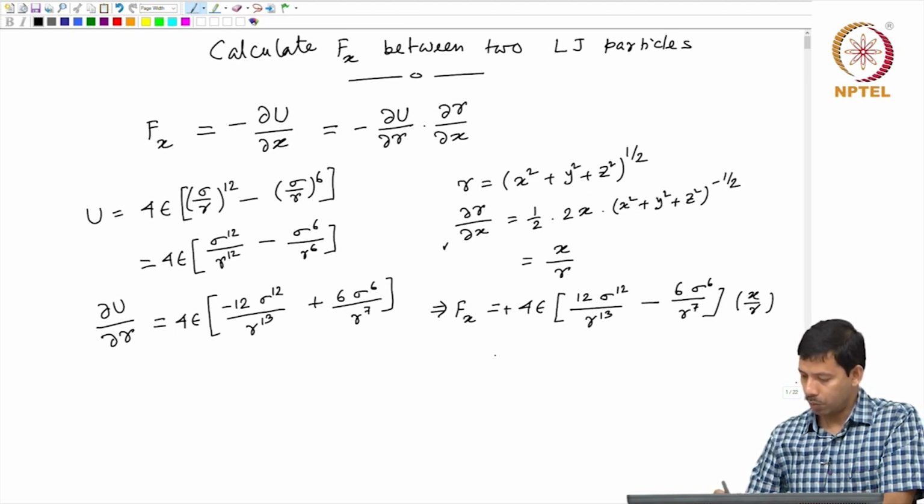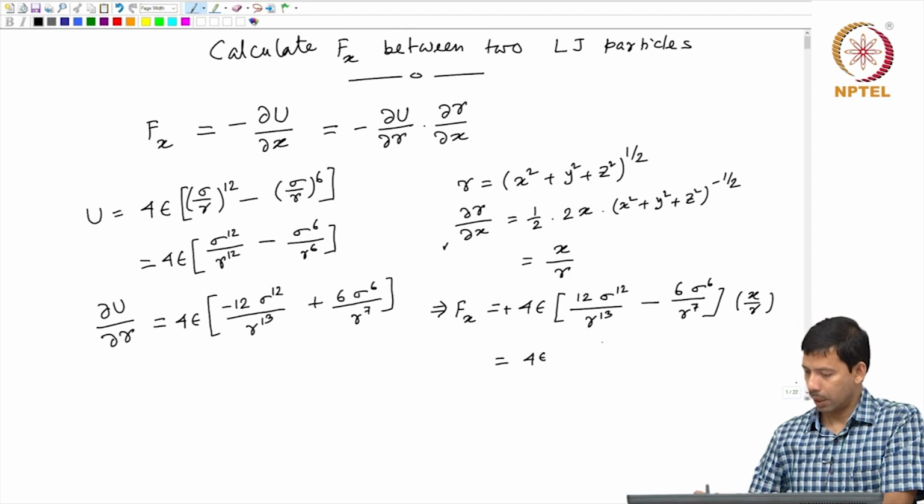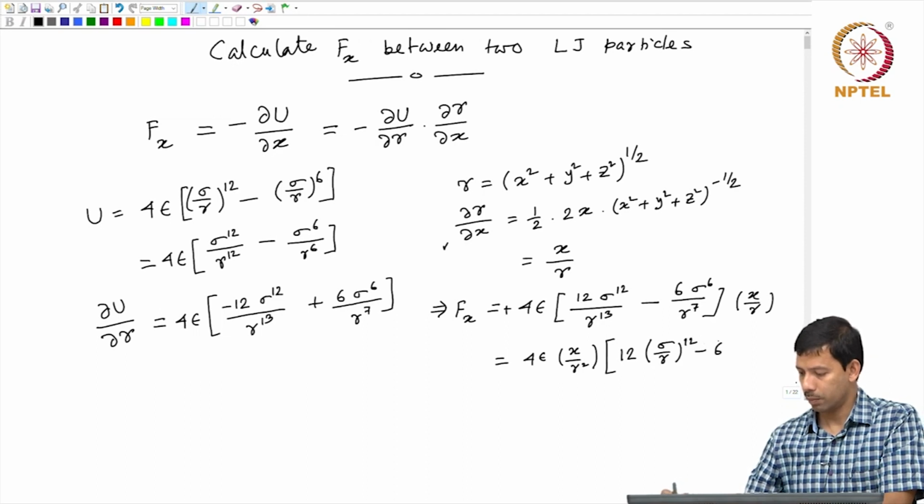If you rewrite, you can write this expression as 4 epsilon x by r square, and then you have 12 sigma by r to the power 12 minus 6 sigma by r to the power 6.